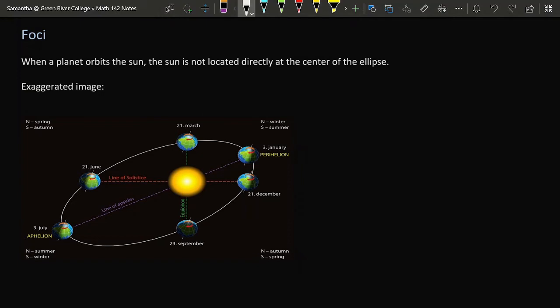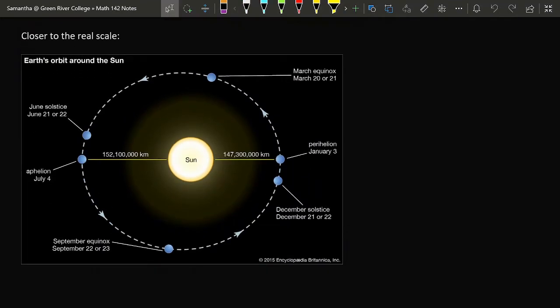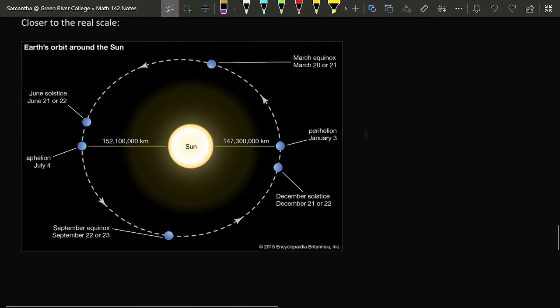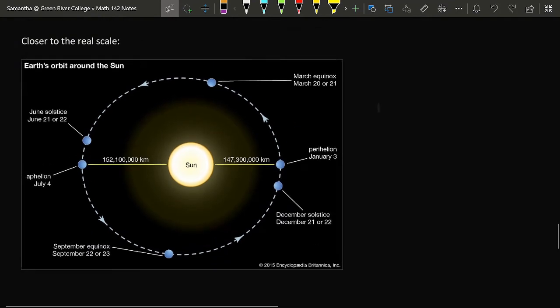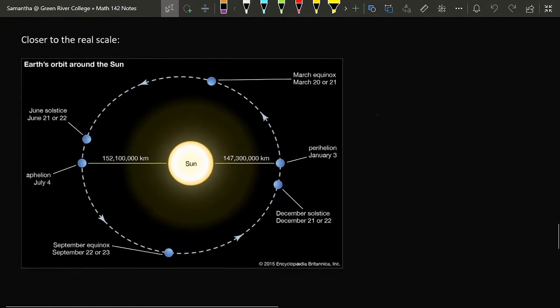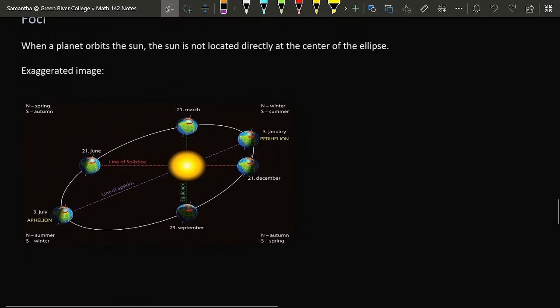This image is quite exaggerated, showing a fairly stretched elliptical orbit, but the truth of it is closer to what is in this image. Another thing that's interesting about the orbit of planets around the sun is that the sun is not located in the direct center of the ellipse. The sun's position is slightly offset from the center.